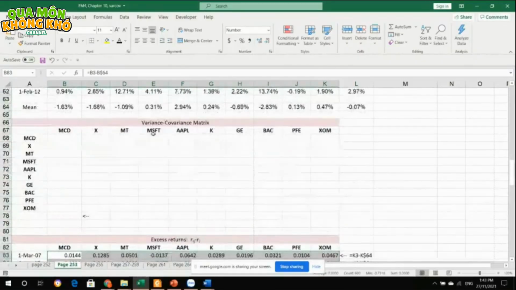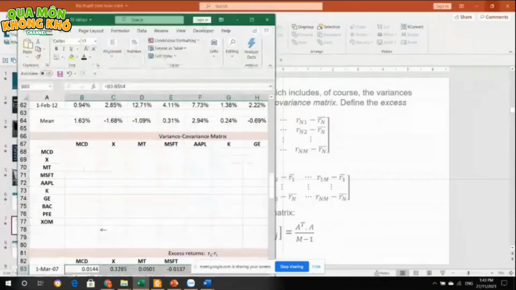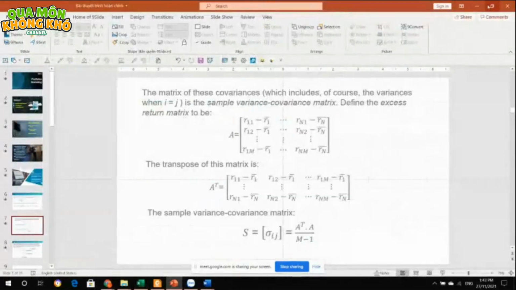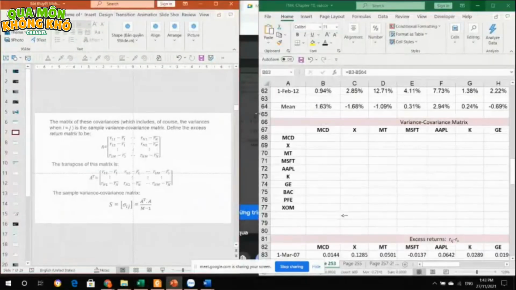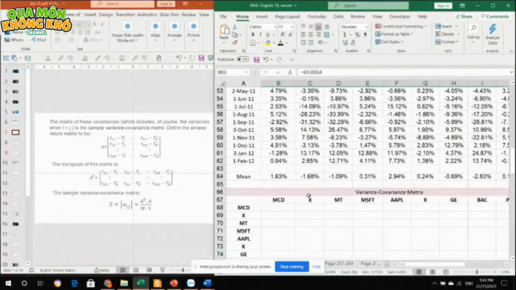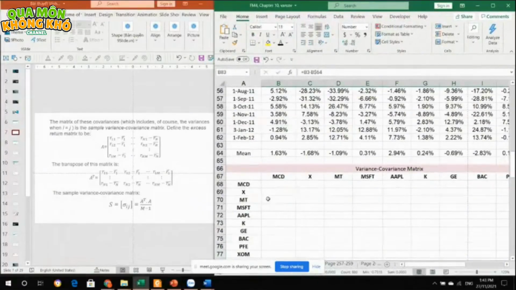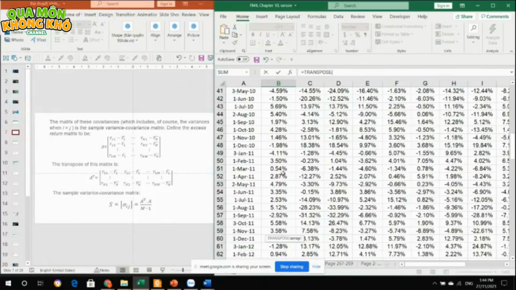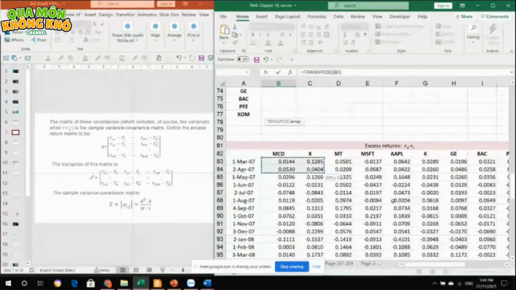And to calculate the variance covariance matrix, we will see we have matrix A, the transpose of matrix A, the transpose of matrix A here.